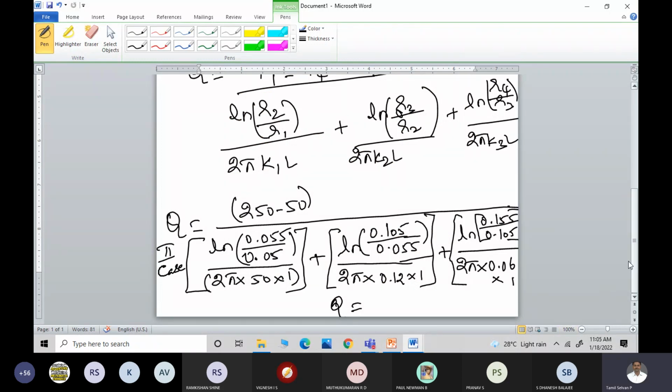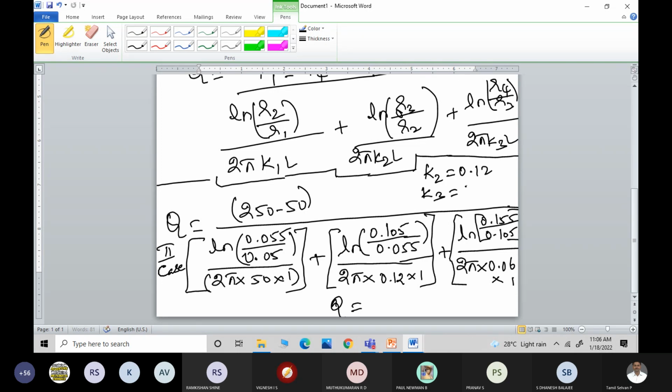In the second case, only K2 and K3 change.